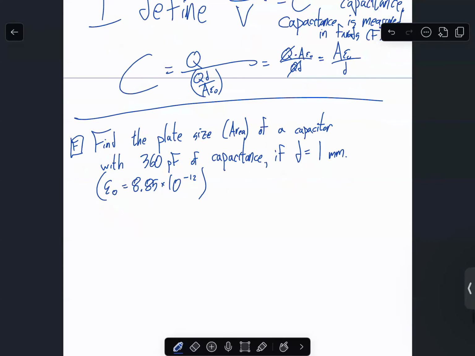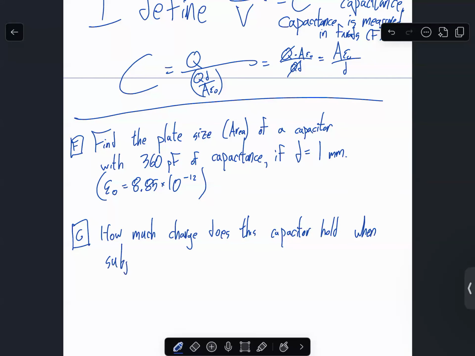And I'm going to ask you, G, how much charge does this capacitor hold when subjected to 12 volts?